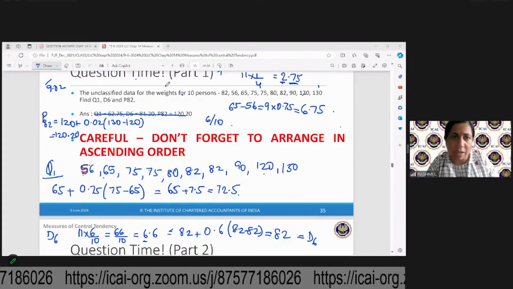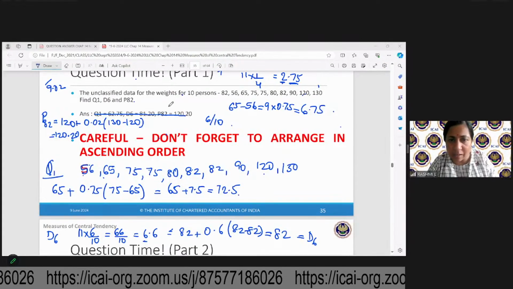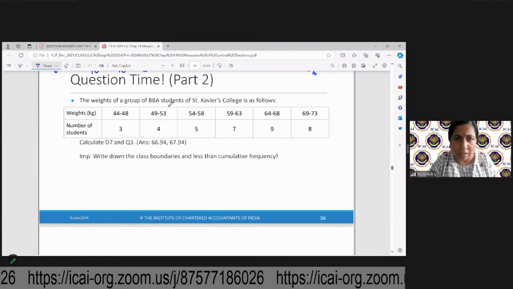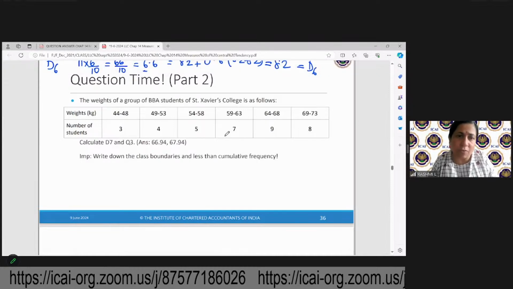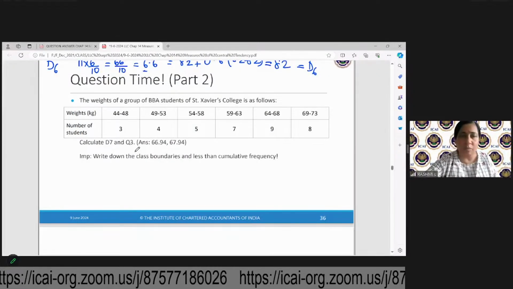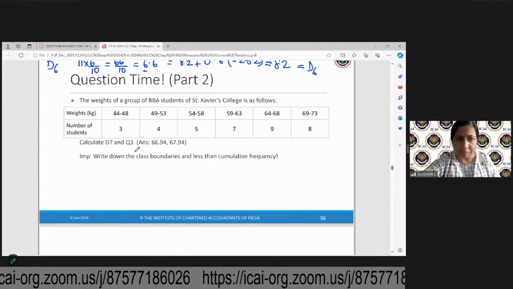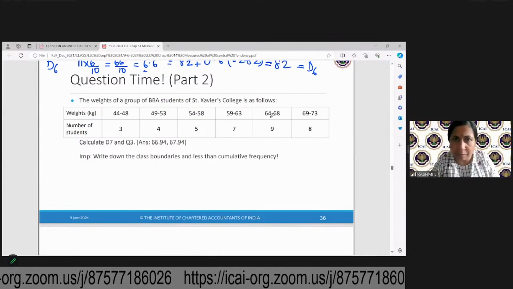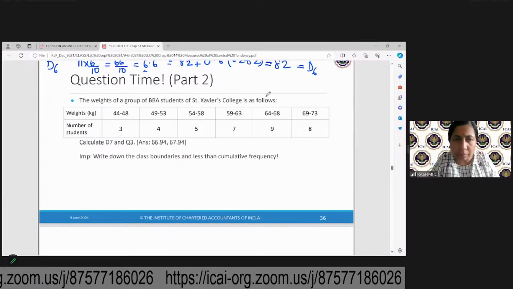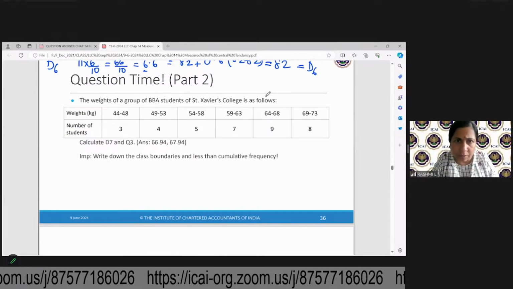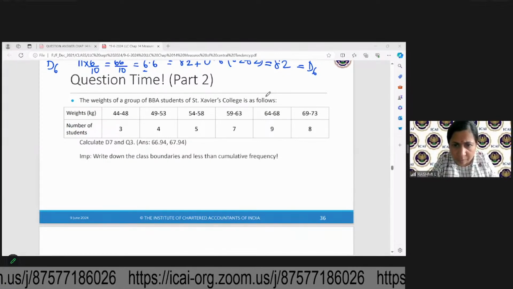Now everybody's doubt is cleared. Now let us try this for the grouped frequency data. Now I will show it to you in the Excel sheet.